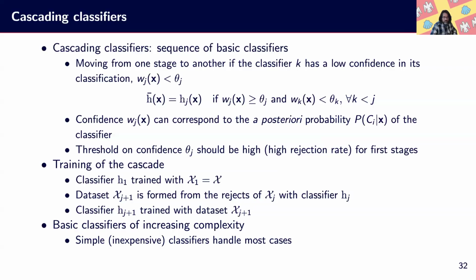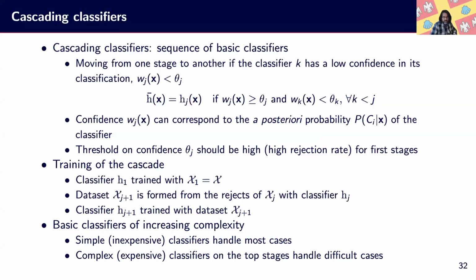So the idea is to start with simple, inexpensive classifiers and go on with more complex, expensive classifiers at a later stage. Such an approach makes sense when we want to do some kind of real-time processing. So we don't want to waste too much computation with the biggest models.